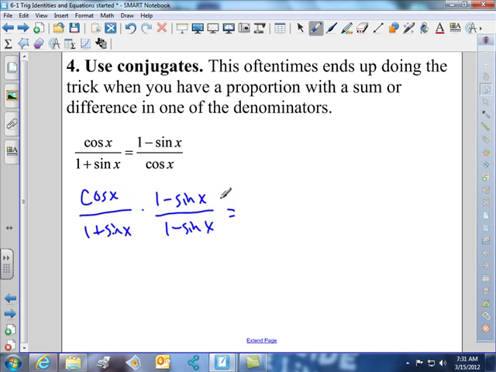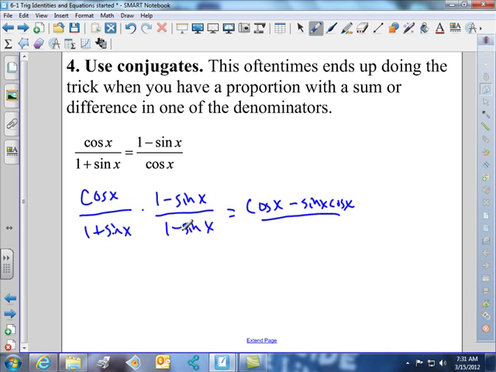First of all, I'm going to leave this side the same, just like we've been doing all week. Usually if you leave that alone, things are okay. I'll multiply this cosine by this quantity. I get cosine times 1, which is cosine, minus cosine times sine, and that is sine cosine.